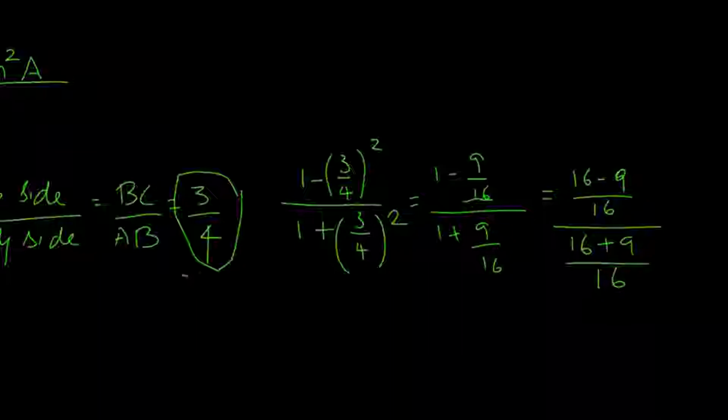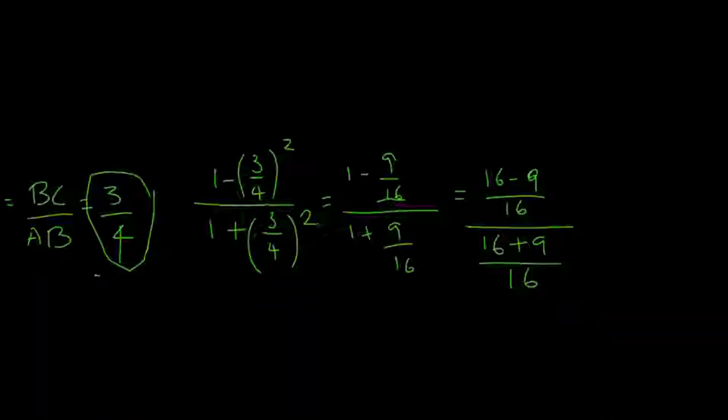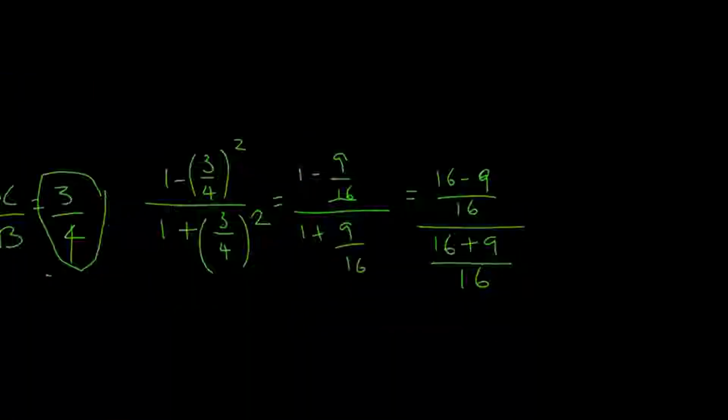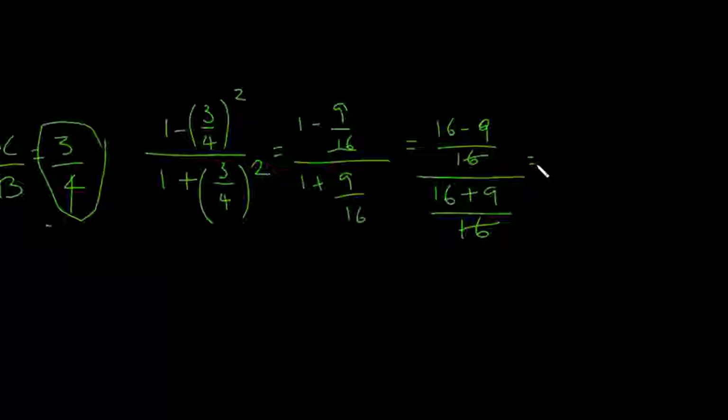Since we can clearly observe that the denominators of the upper and the lower part are the same, we can just cancel it just like this. Which will lead us to a new equation that is equal to 16 minus 9 divided by 16 plus 9. 16 minus 9 is equal to 7, divided by 16 plus 9 is 25.